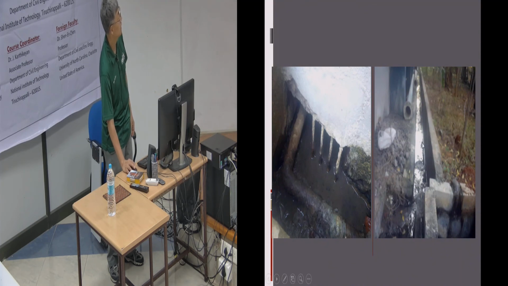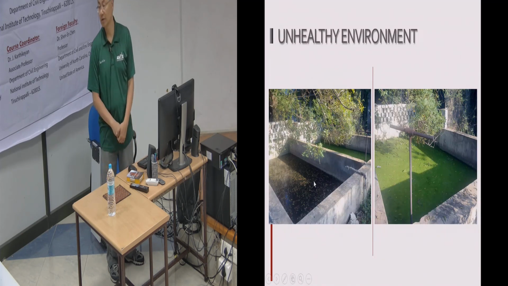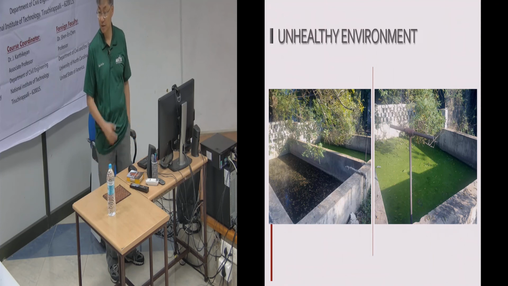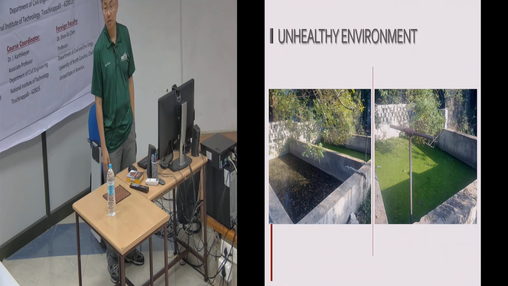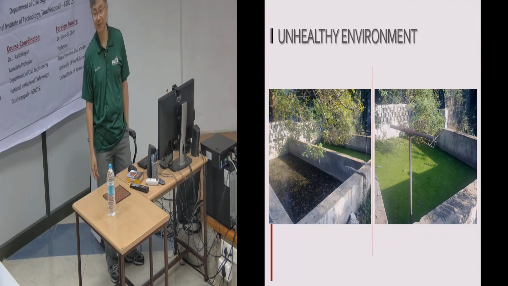Poor drainage, and even pipes that are wide open for no reason. And then the unhealthy environment: the pond water, mosquitoes, or just very poor water. I don't think it's potable in any sense, but the trapping of water. You know exactly what I'm talking about here.